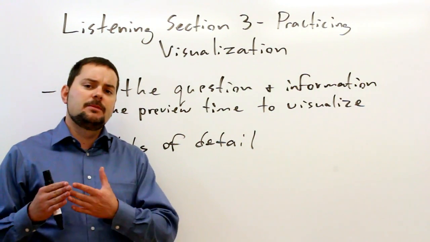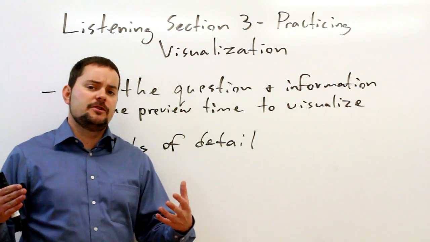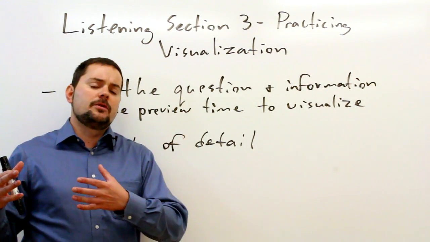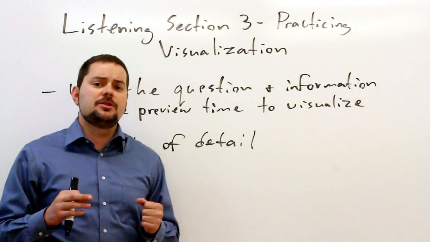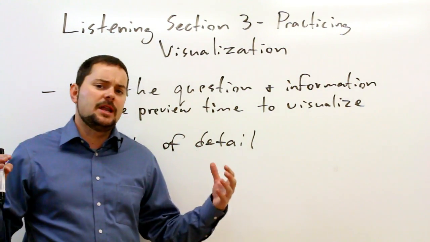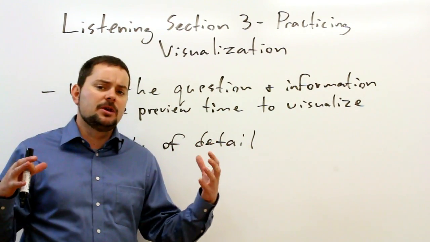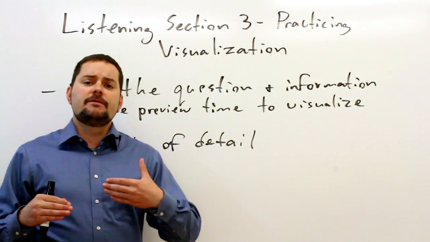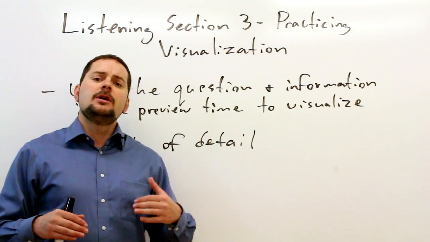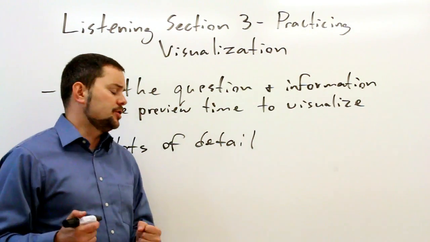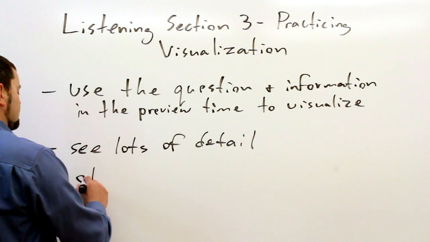So make sure that there's some kind of structure to your visualization. It's not good if your pictures are just very jumpy and random and moving from one scene to another scene. You should have some kind of a connection, maybe a chronological time connection, a location, moving from foreground to background, left to right, up to down, but you should have some structure. So structure your visualization.